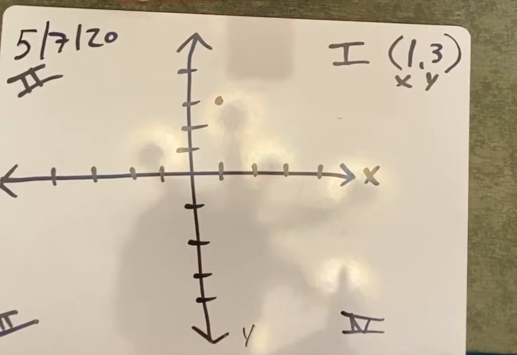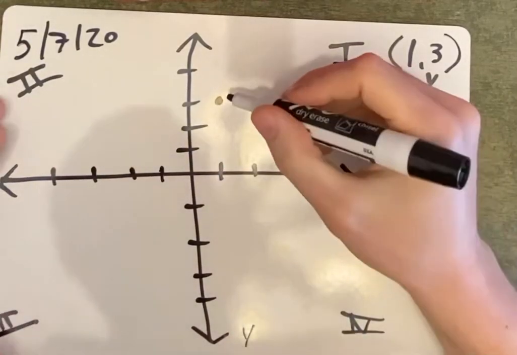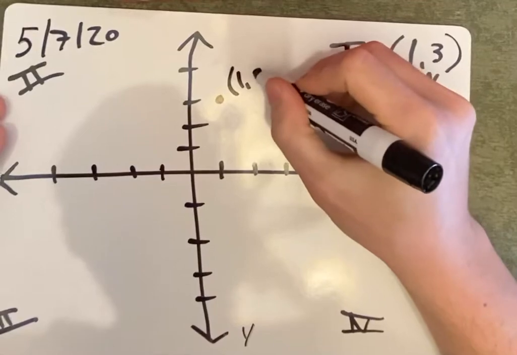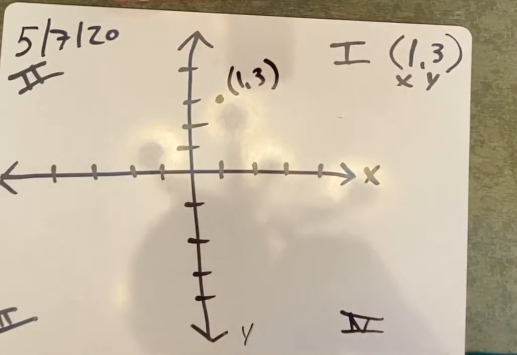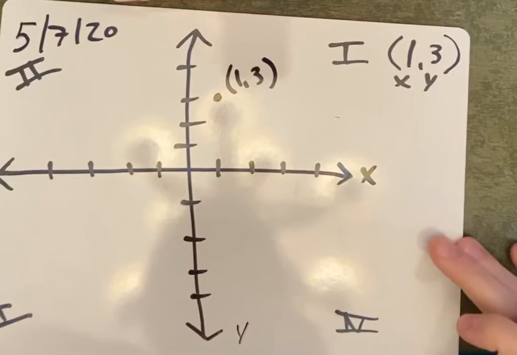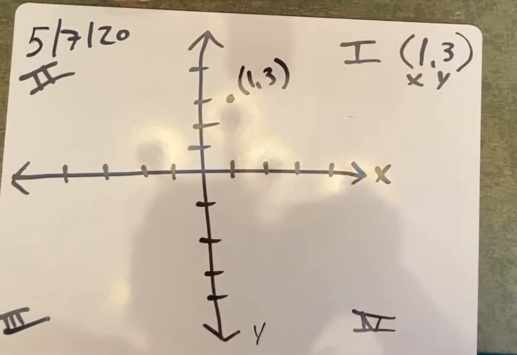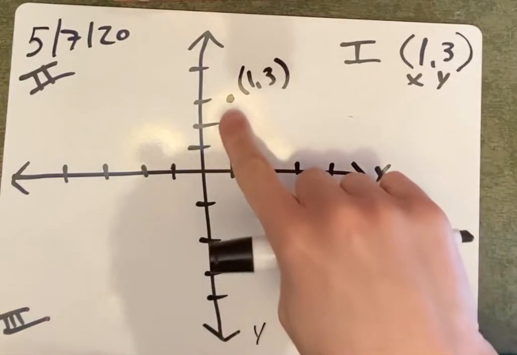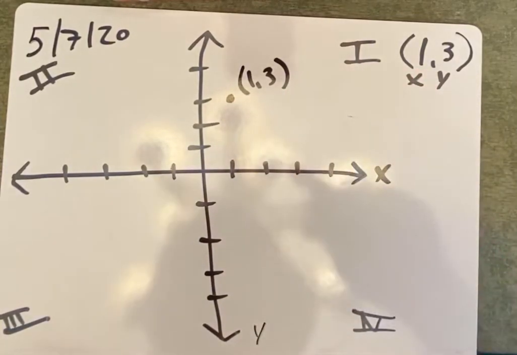Now, let's talk about reflections. We can reflect over the x and we can reflect over the y. So the first thing I'm going to do is take this point 1, 3, and reflect it over the x. When you reflect over the x, let's remember one important thing: you keep the x and you just put the opposite of y.